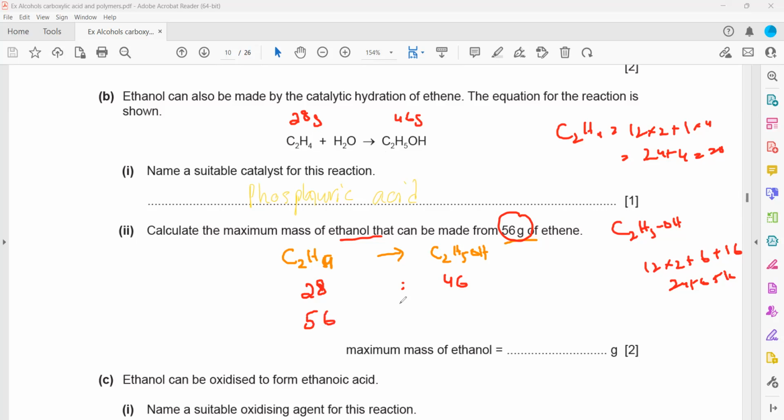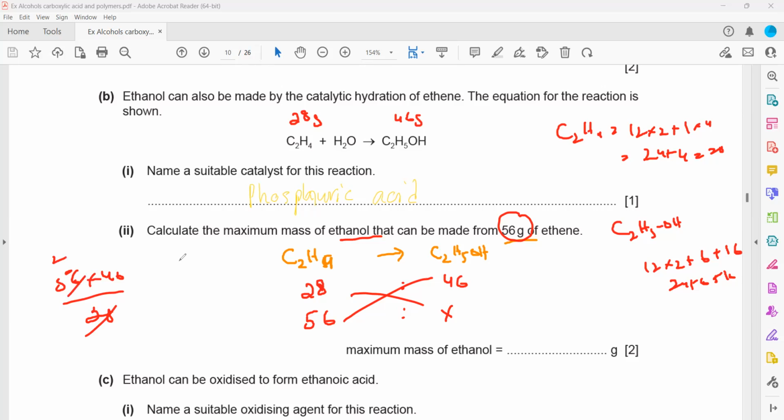But if we have 56 grams, how much will it be? Let it be X and cross multiply. So it will be 56 times 46 divided by 28.